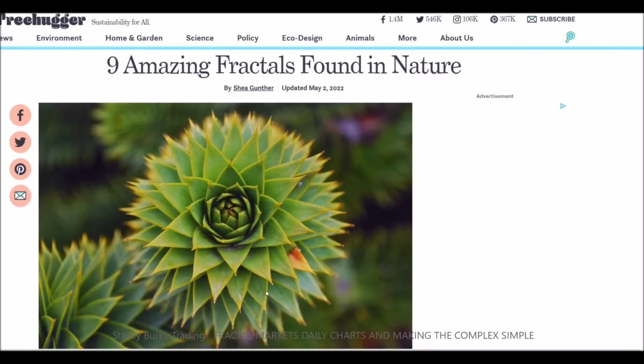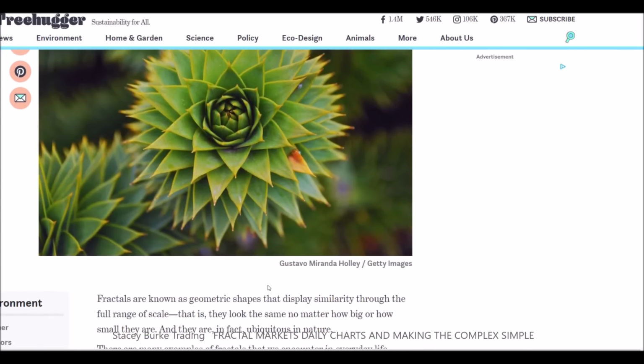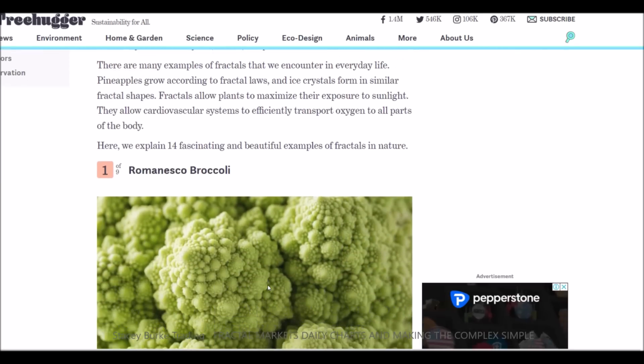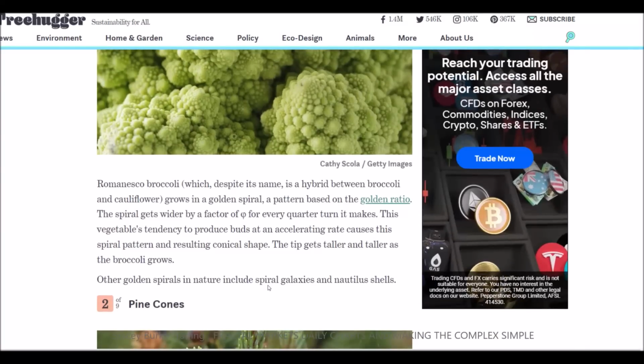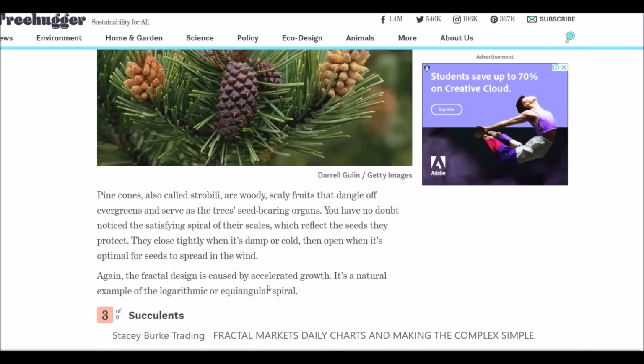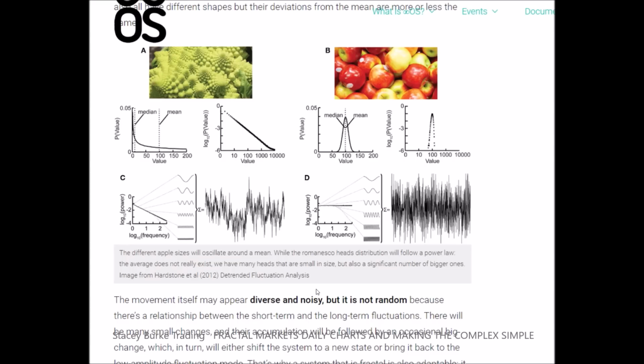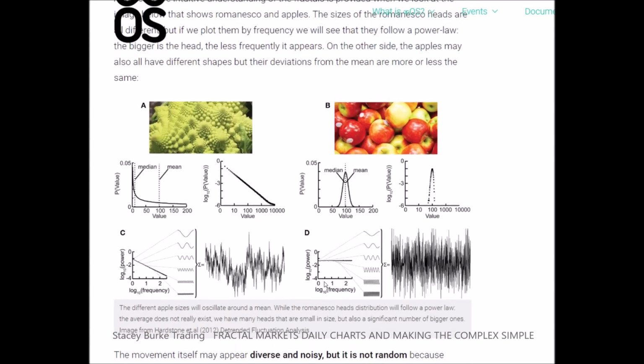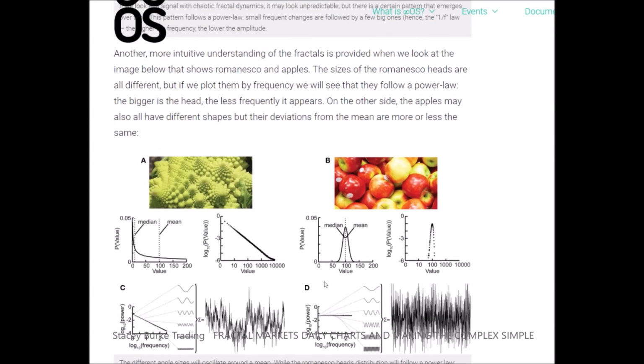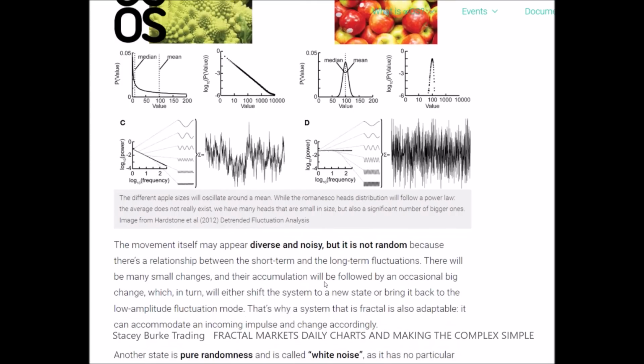For those of you that aren't familiar with fractals, you can go and read about fractals. It's really quite amazing, all the interesting things in nature and in markets that are fractal. From a scientific or mathematical standpoint, there are several interesting components of fractals.